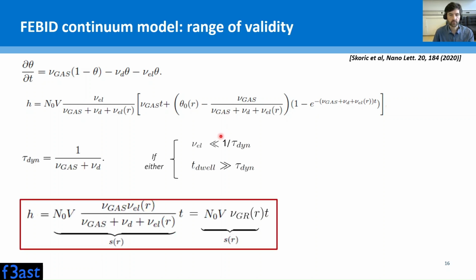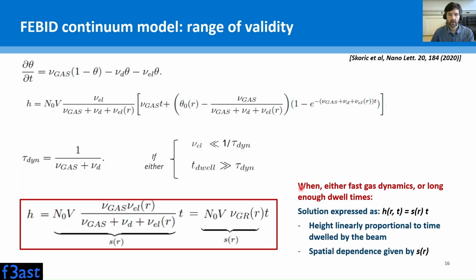However, it is important to remark that when we have either very fast gas dynamics or long enough dwell times, which is typically the case because we are dwelling for milliseconds, whereas the gas dynamics take place more in the microsecond regime, the solution can be expressed as two functions. One that depends on the coordinates of the space. R is the distance with respect to the central point where the beam is scanned, so it's the radius.